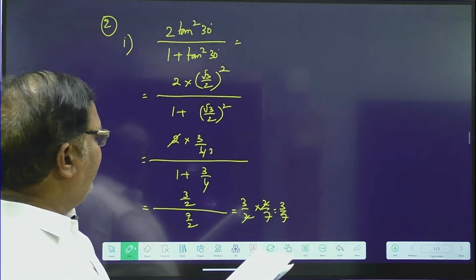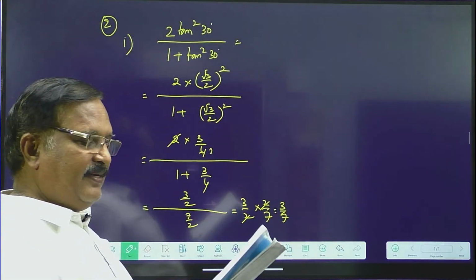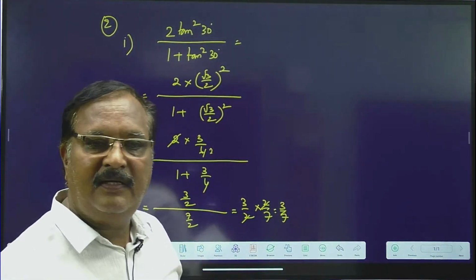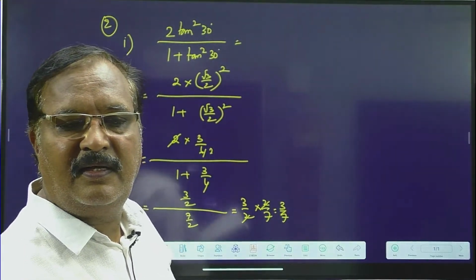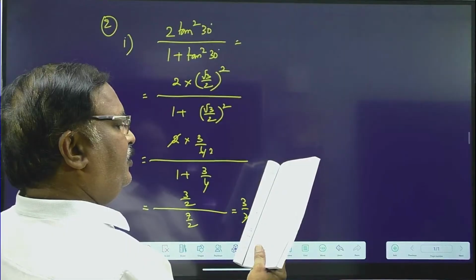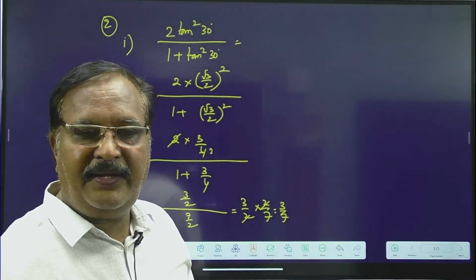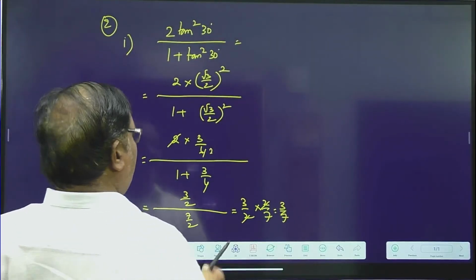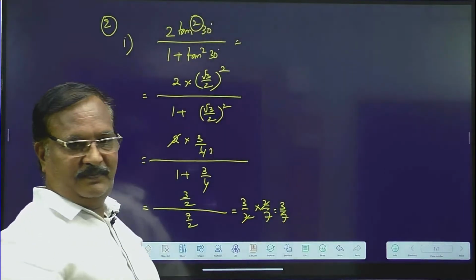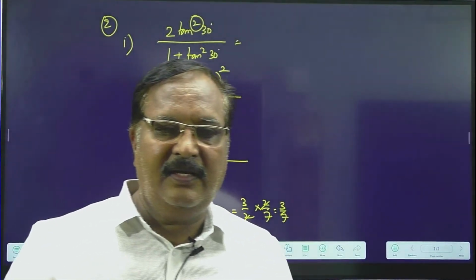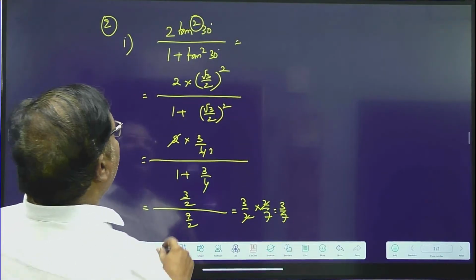These are the options, but in this we got 3 by 7. The question is wrong. 2 tan square 30, you are right, thank you. It is not sin square, this is wrong. Very good, Sangeeta, very nice.